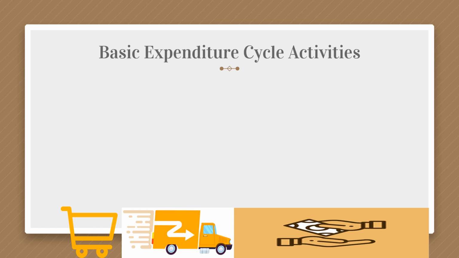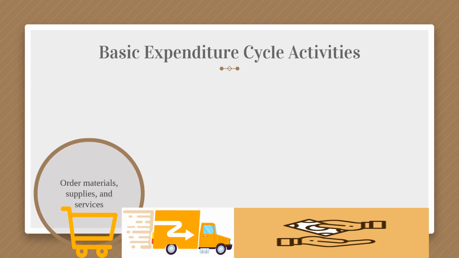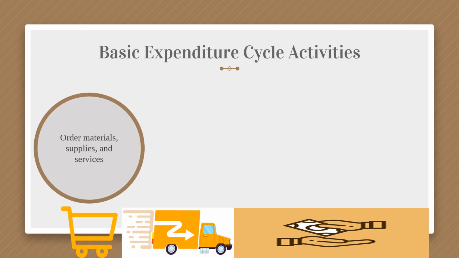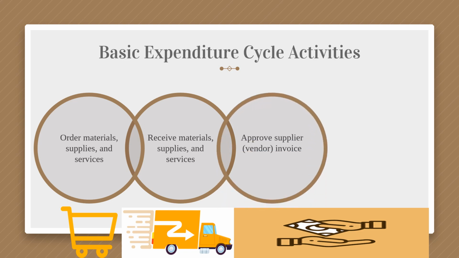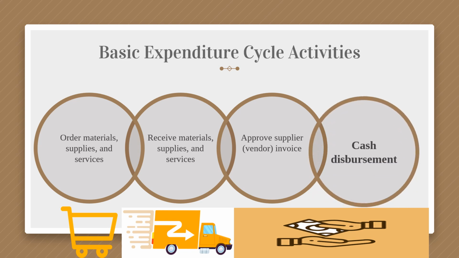The activities under the expenditure or purchasing cycle start with the ordering process, ordering materials, supplies and services. Then receiving these ordered materials, supplies and services. After that, approving the supplier or vendor's invoice, then paying the cash to the supplier or vendor.